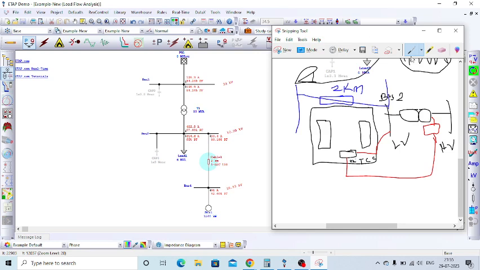So in that case, we have to measure the bus voltage of bus 4 here. This line will not be measuring bus number 2; this one will be measuring bus number 4.